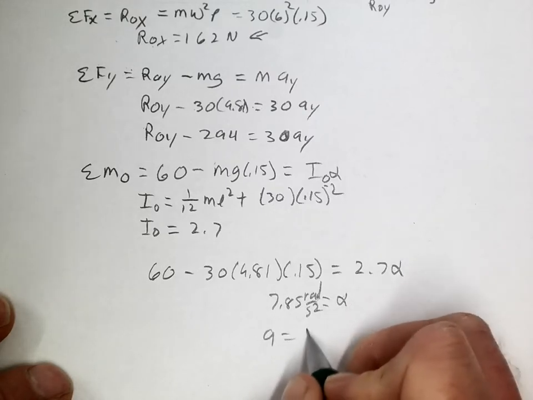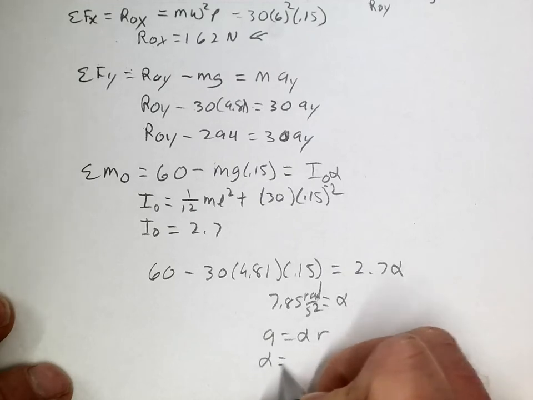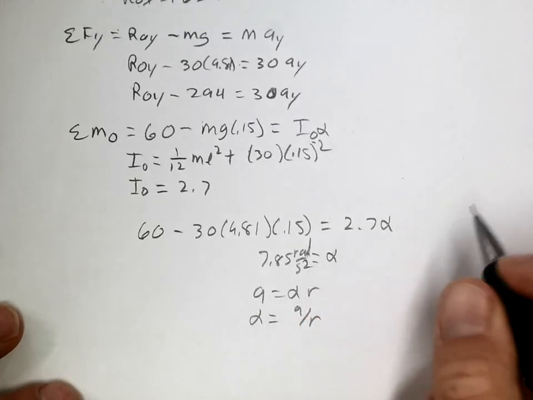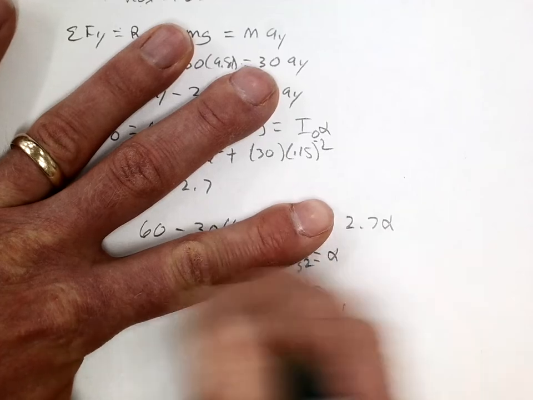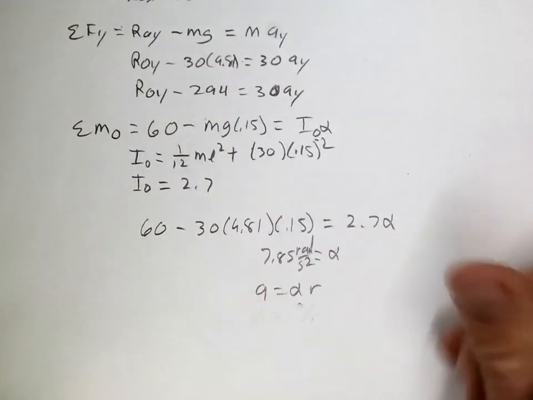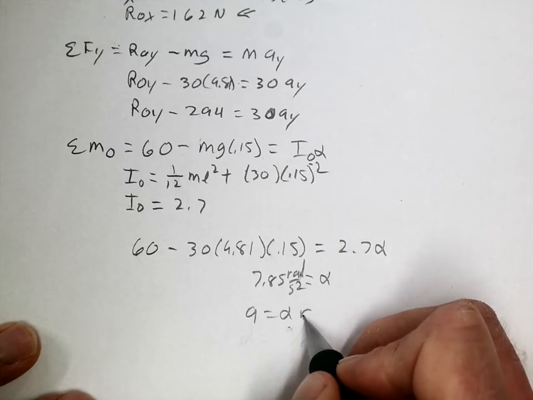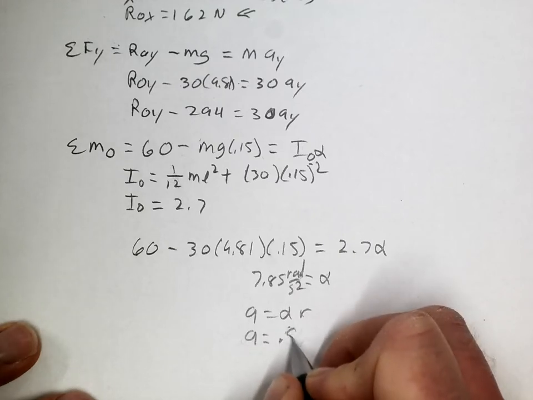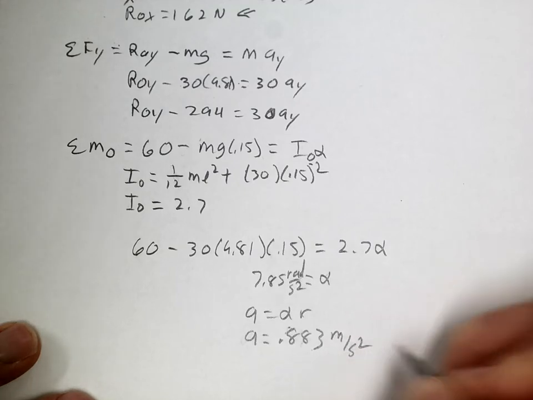A is equal to alpha r. Therefore, alpha is equal to A over r. In this case, no, we want to find A. So putting 7.85 in for alpha and 0.15 in for r, we get A equals 0.883 meters per second squared.